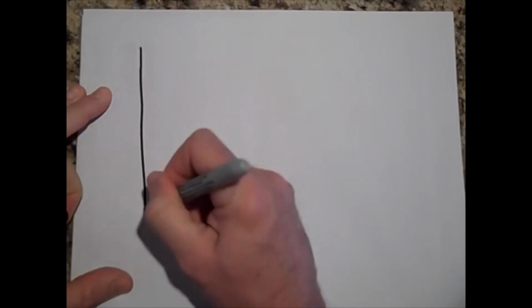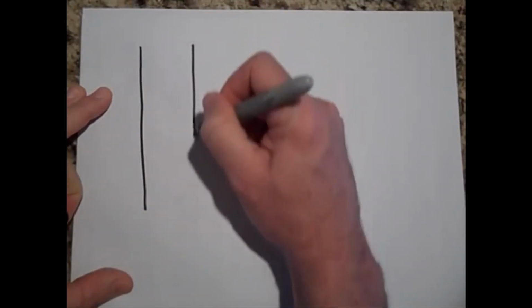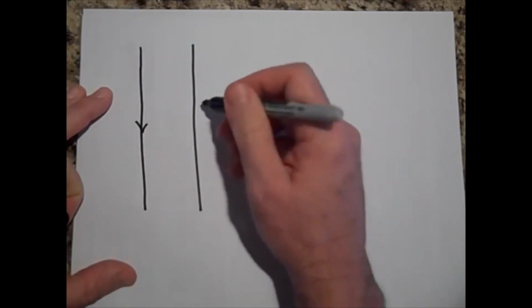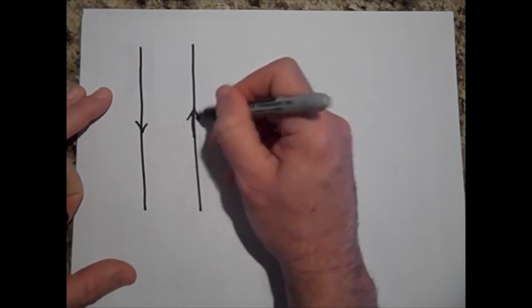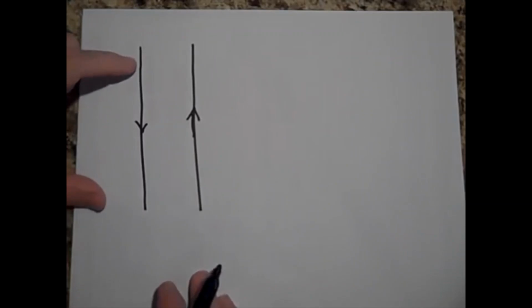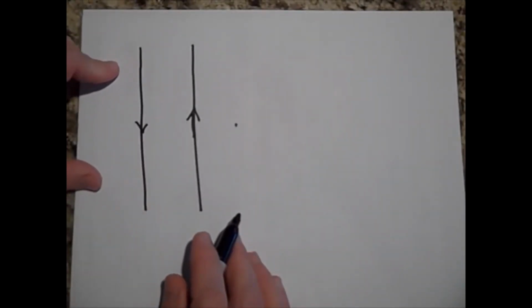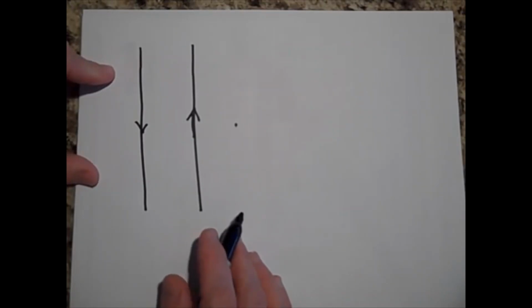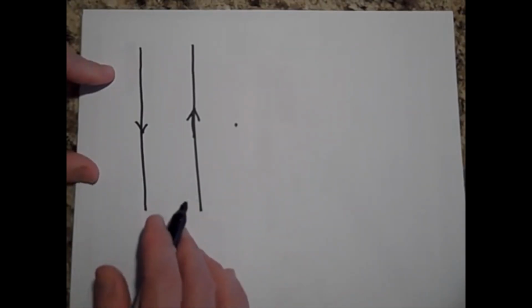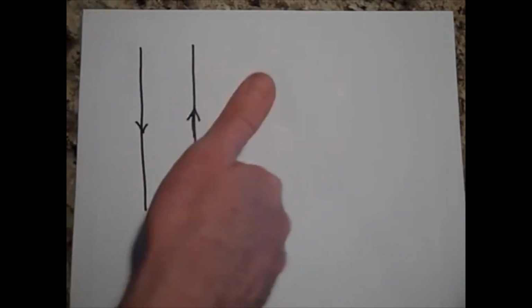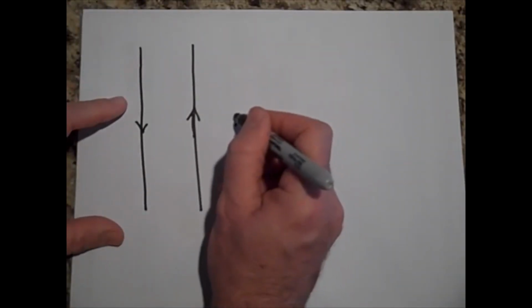Okay? If you just put two wires next to one another, they don't cancel. So here's one wire, here's another wire, and even though the current could be going this way here and this way here, you might think that out here these two currents would cancel each other, but they won't, because if you think about it, the field from this one right here is going into the page, so I'm going to put a little X from there.